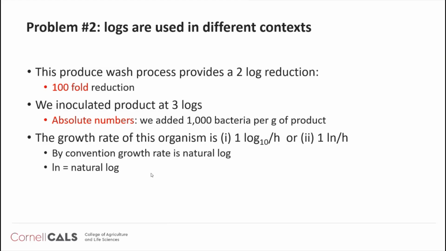Some of these growth rates typically should be expressed in natural log. Often people don't keep track of that, which can give us challenges when we look at databases such as ComBase, where people sometimes may not have reported the correct units. So with the common use of log and different types of log, including natural logs, we have problems interpreting the data, and problems sometimes even understanding what exactly people are talking about.